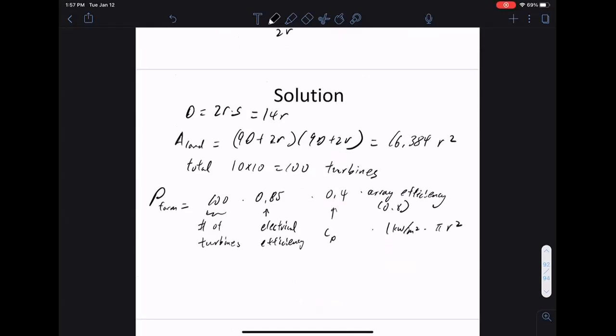This is the total amount of power in the farm I have. If you do everything together, this is 85.45 r squared kilowatts.